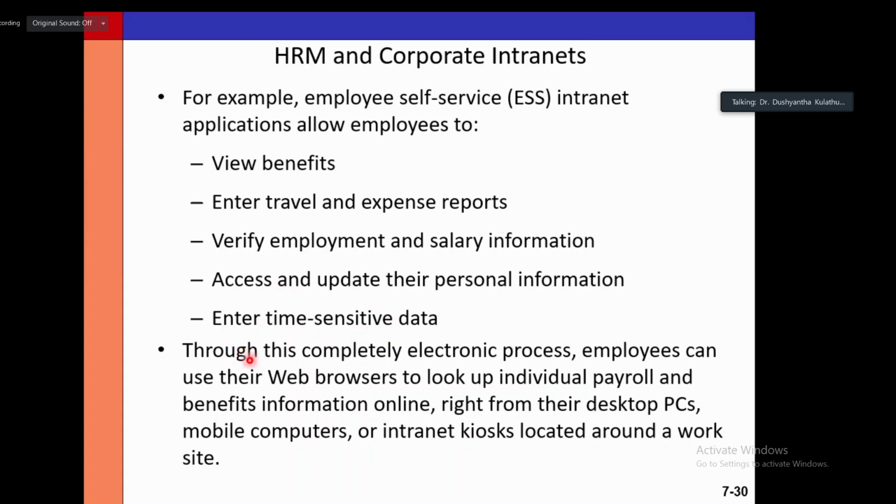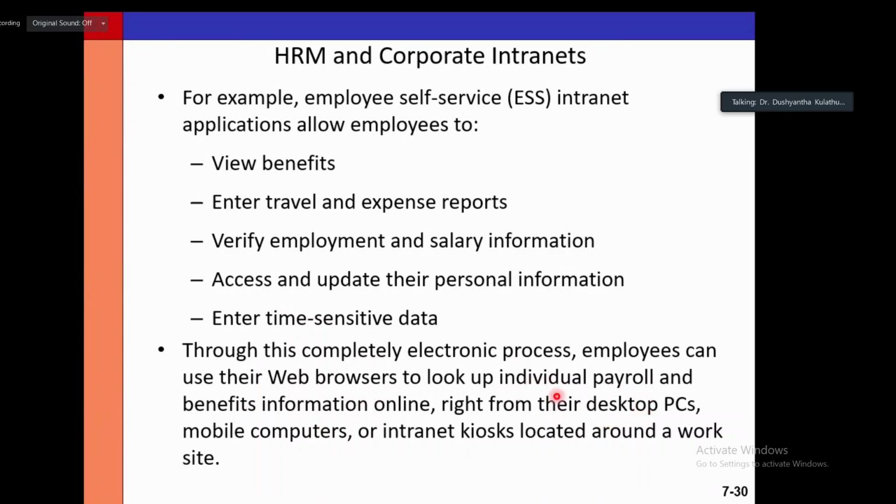And yes, through this completely electronic process, employees can use their web browsers to look up individual payroll and benefits information online right from their desktop PCs, mobile computers, or intranet kiosks located around the worksite. So they can access the information that we highlighted earlier. It can be pay related information, it can be benefit related information.